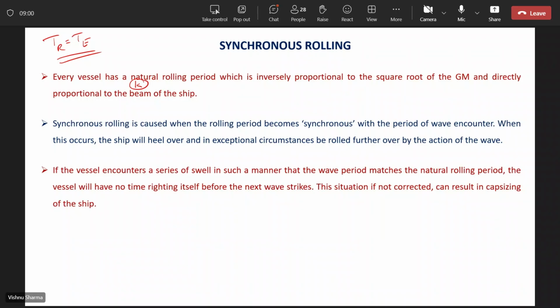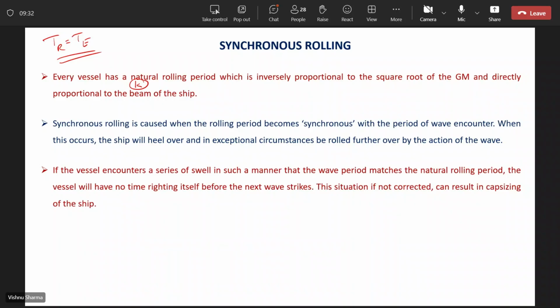Now, as the ship goes to extreme port and comes back to starboard like the swing, instead of 10 degrees last time, she may now go to 15 degrees, 18 degrees. As she is about to start again, another wave hits. That means the rolling period of the ship is matched with the encounter period of the wave. So this basically leads to resonance, and this will increase the amplitude of the roll.